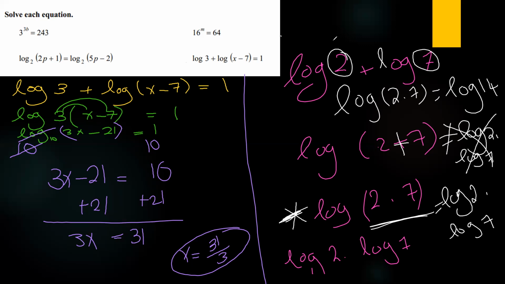In the other case, if the 2 logarithms, not the numbers, the 2 logarithms are added, I can multiply them because they are already expanded, so I can now write them. Is it clear? Yes, teacher.